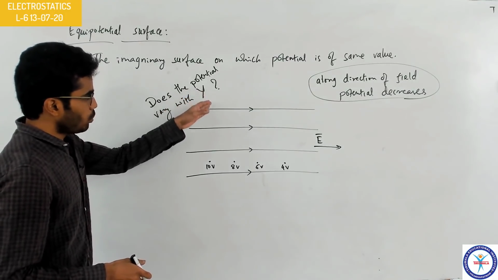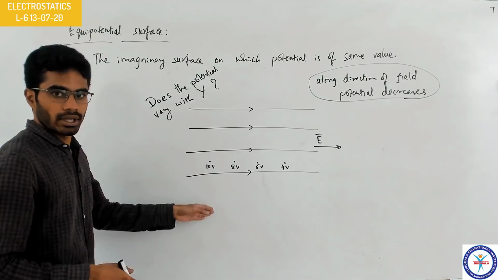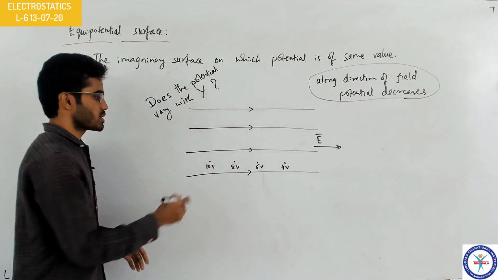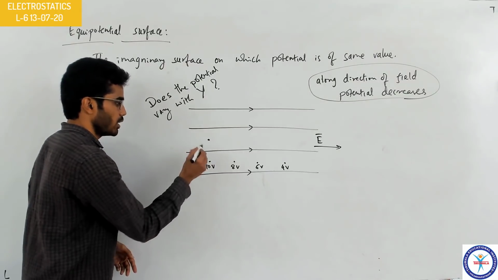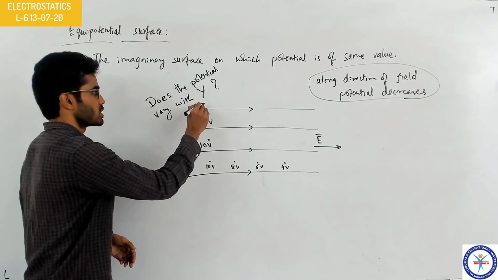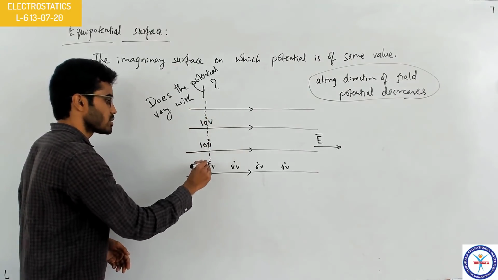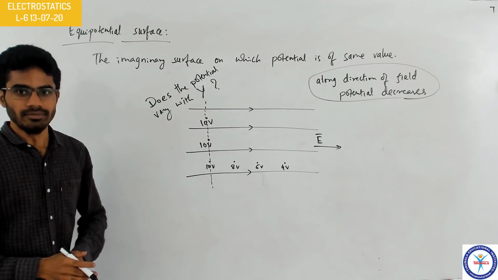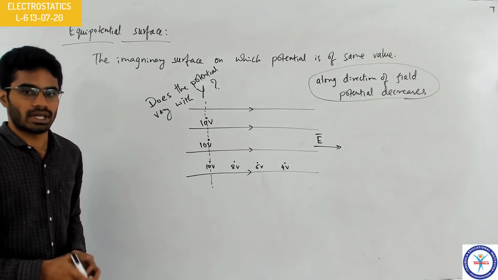So if you take any point here, the y coordinate can be anything, the potential must be the same. That means if you take this point, it should be 10 volts. If you take this point, this should be 10 volts as well. So you get this kind of a line which is an equipotential line, right?